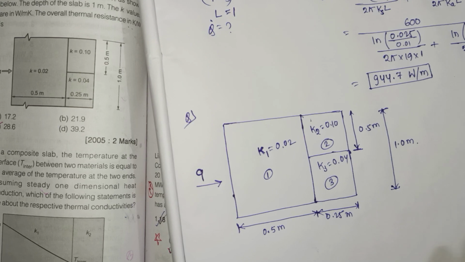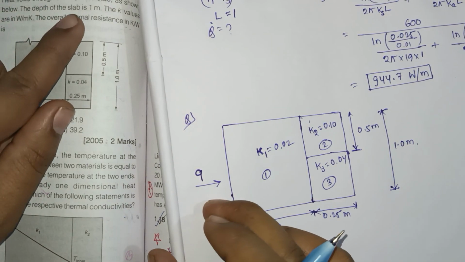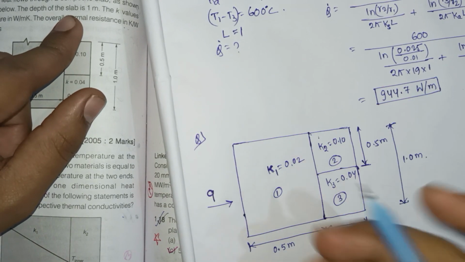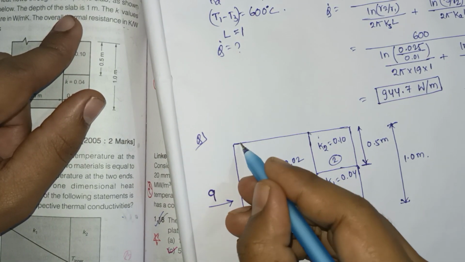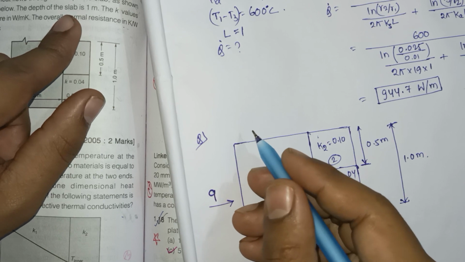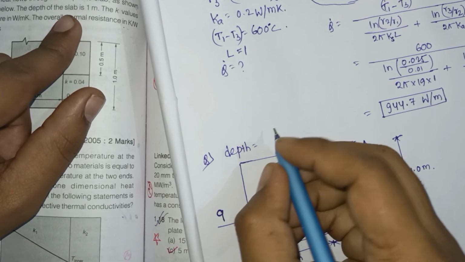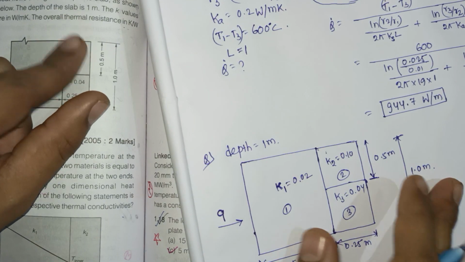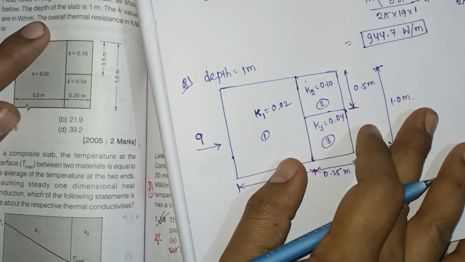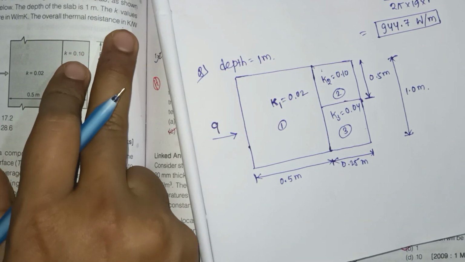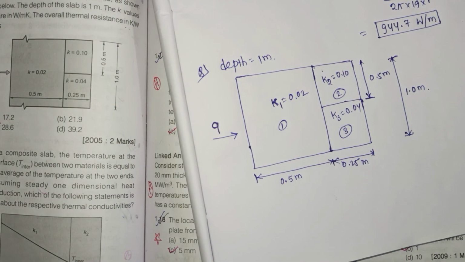Okay, so what is given in this question? The depth of the slab. Depth means how much depth there is behind the slab. The depth of the slab is 1 meter. You have to find out the overall thermal resistance in Kelvin per watt.